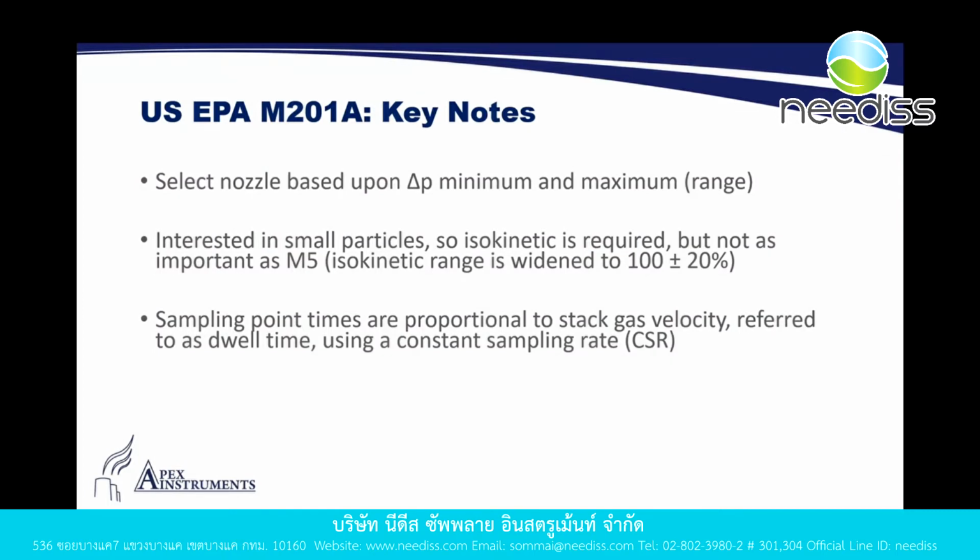Method 201A broadens that, makes that isokinetic range larger by saying a valid test only has to be within plus or minus 20% of 100% isokinetic. So they double the range that you can sample outside of isokinetic.